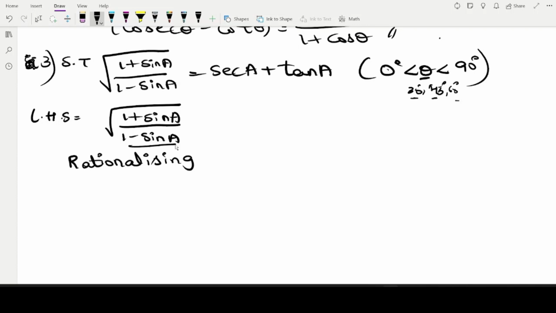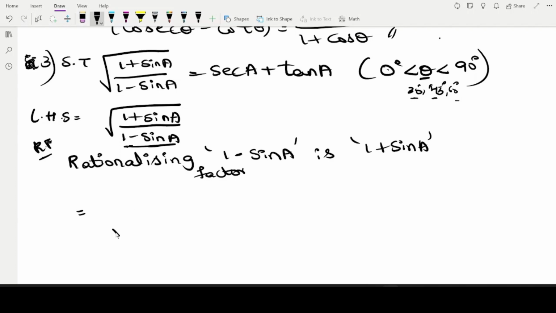Rationalizing the denominator: the denominator value is 1 minus sin A. The rationalizing factor of 1 minus sin A is 1 plus sin A. If we had taken 1 plus sin A, then the rationalizing factor would be 1 minus sin A, so the sign gets changed. We call it the RF for short. So the RF of the denominator 1 minus sin A is 1 plus sin A.